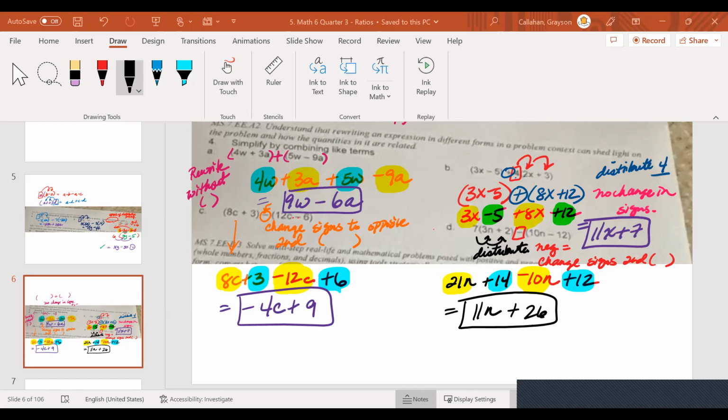Do you see that? 15 divided by 3 is? Let's check your answers. That means wherever you see a p, what do you replace the p with? What was your answer? P equals what? 5.